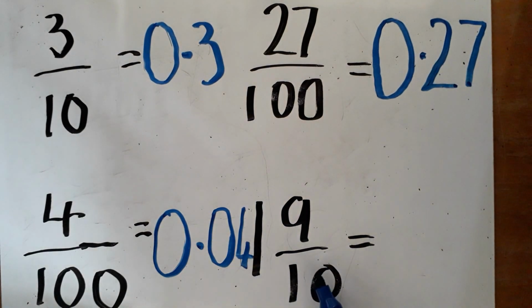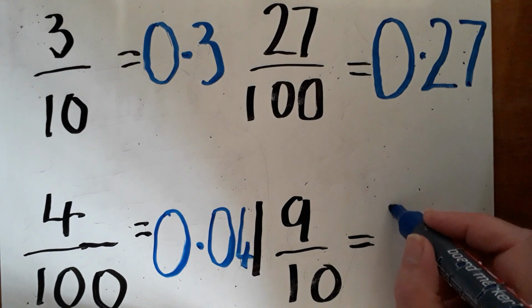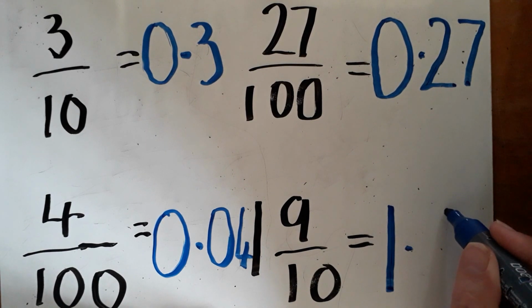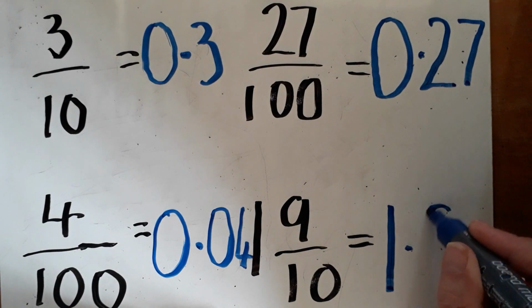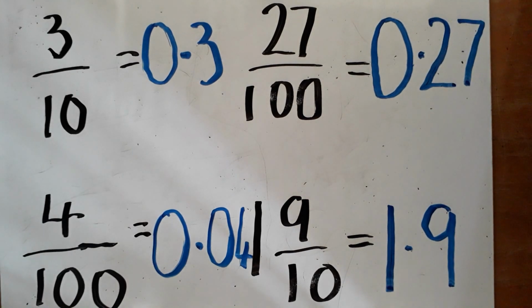And 1 and 9/10 means that we have 1 whole one, 1.9 and 9 in the tenths. All right, so hopefully that should make sense, converting the fractions into decimals.